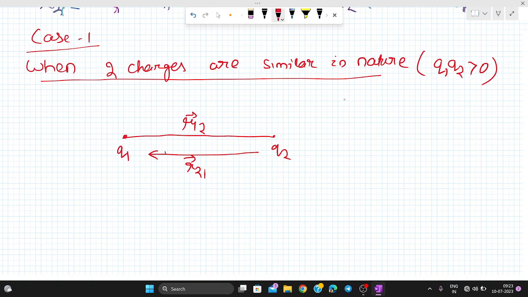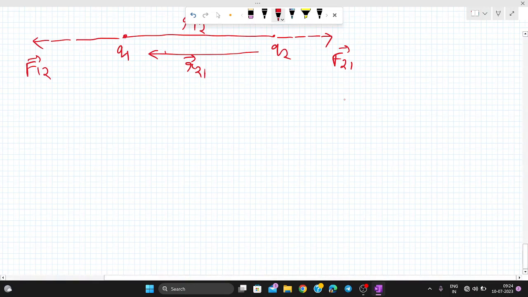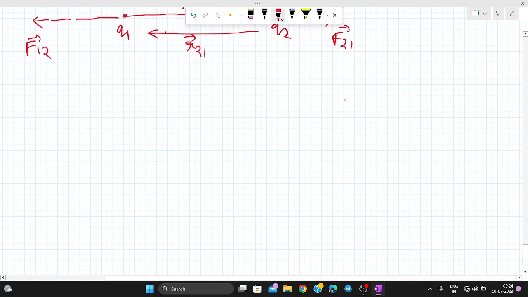The force acting on charge Q1 due to charge Q2 is F12, and the force acting on charge Q2 due to charge Q1 is F21. Okay. So if I show the expression for force F12, what will it be?